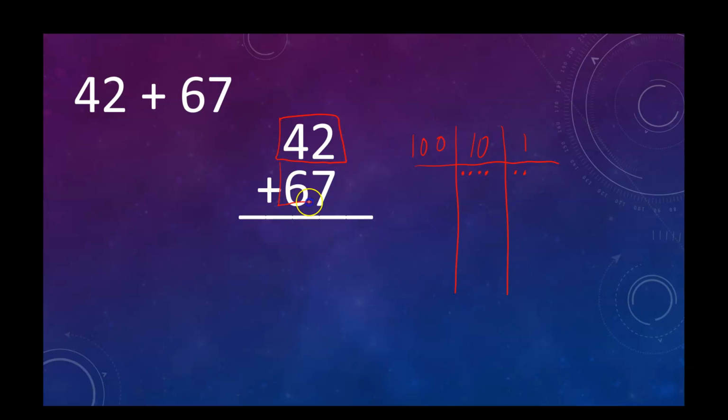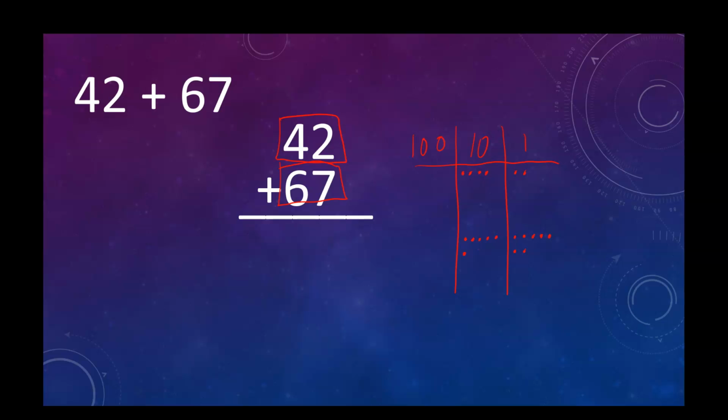Now let's look at our bottom number, 76, and let's represent number 76 here. How many ones? We should have 7. So let's put 1, 2, 3, 4, 5, 6, 7 ones there. And how many tens? We have 6 tens. Let's put 6 in here. 1, 2, 3, 4, 5, and 6.